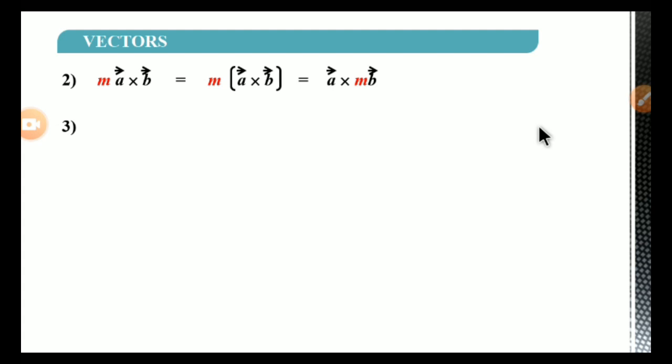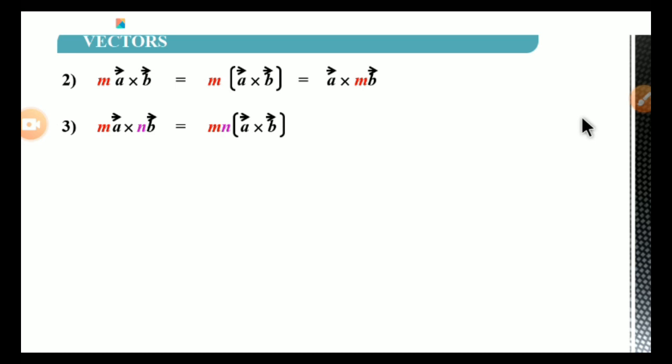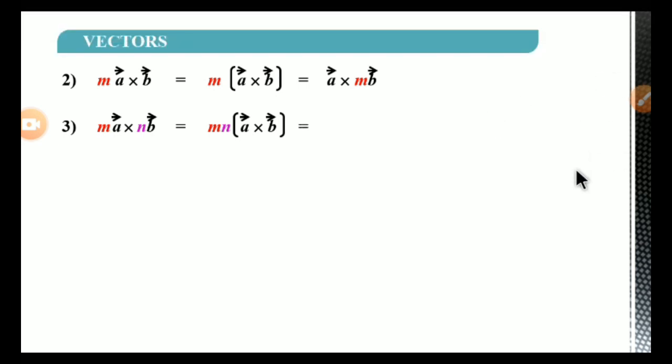And the third property: m a vector cross n into b vector can be written as mn into the bracket of a cross b, as well as we can write this as n into a vector cross m into b vector, where m and n both are any scalars.